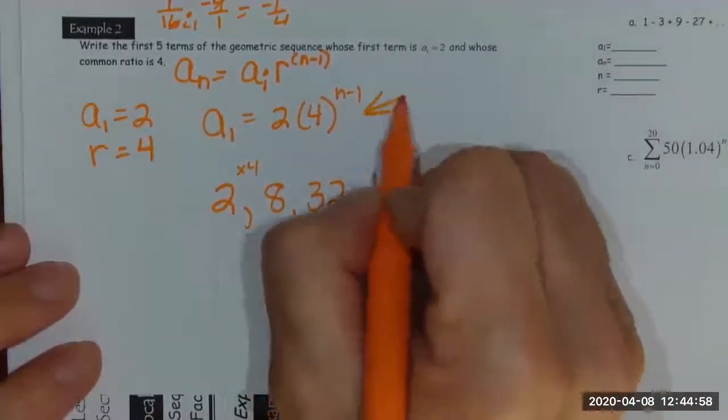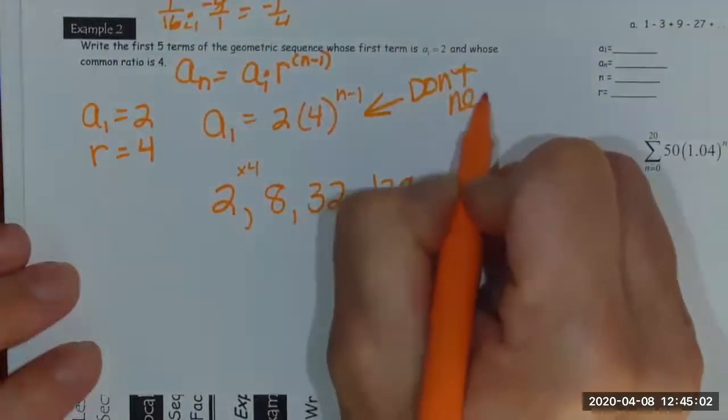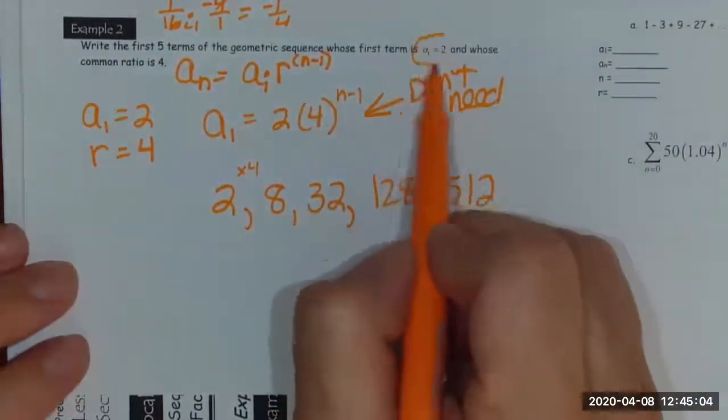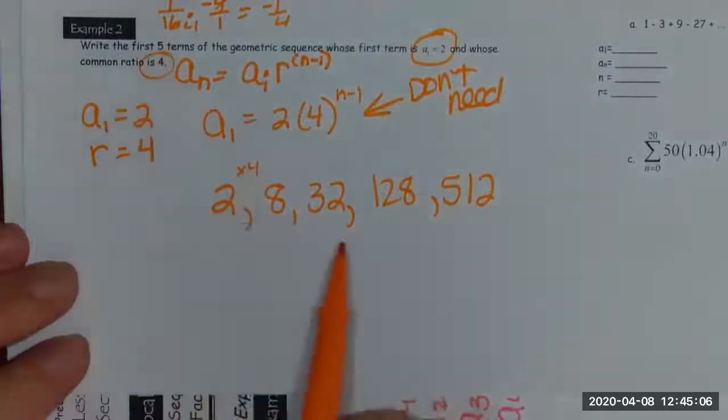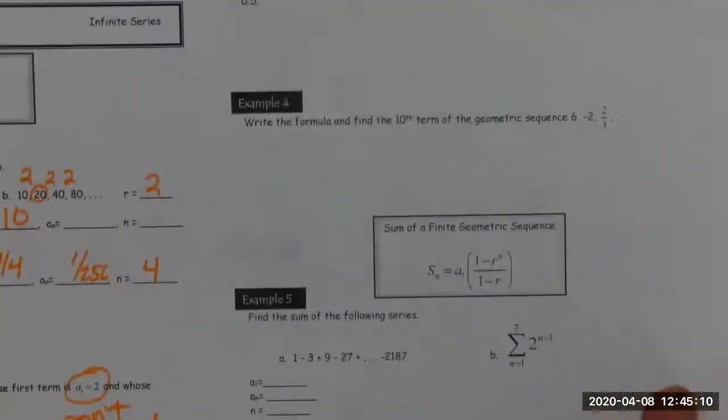So we don't need this part here. If we have the first term and we have R, we can just write all the terms without very much work.